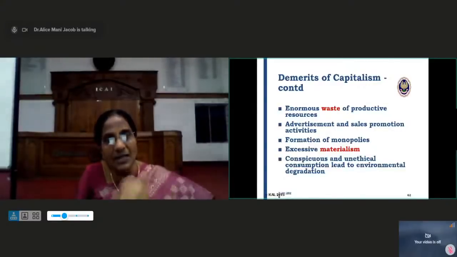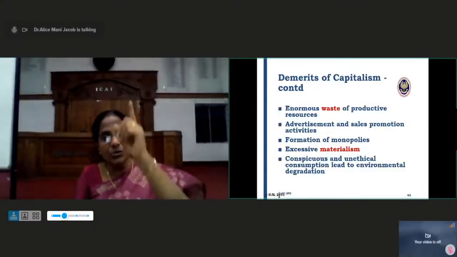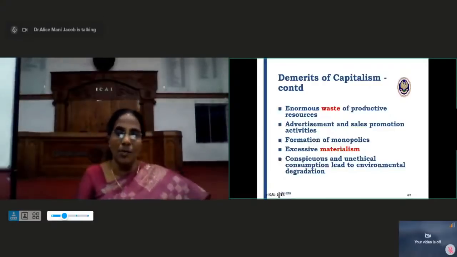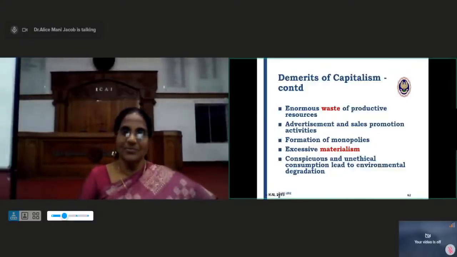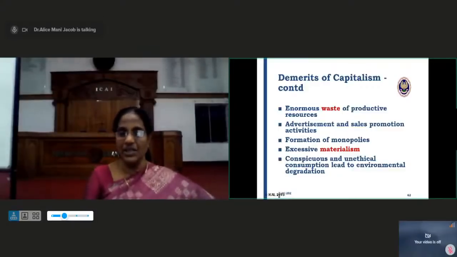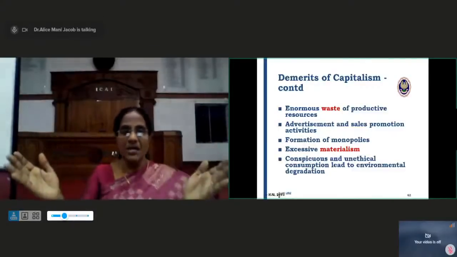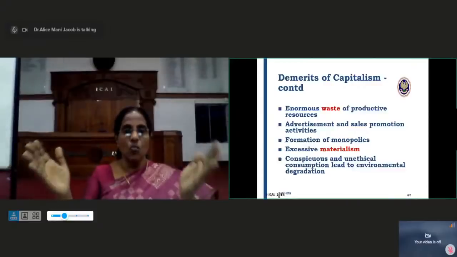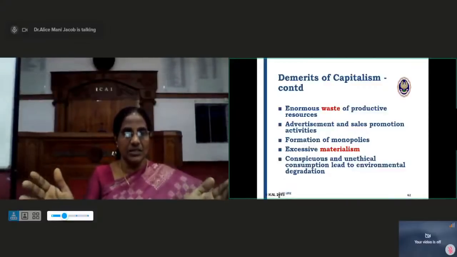How many players are there? I can remember times when there were at least 11 mobile phone service providers. Now hardly 3 or 4. Isn't it? BSNL has only a very low market share. They grow big, and so monopolies can exploit us.